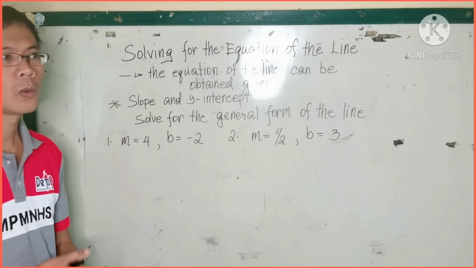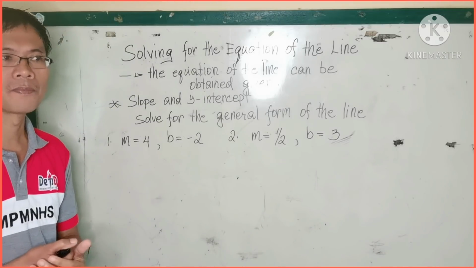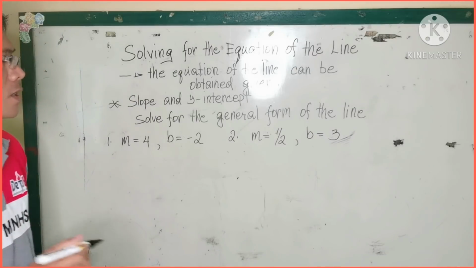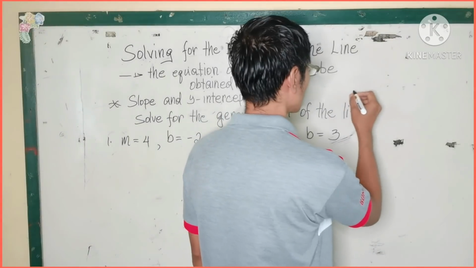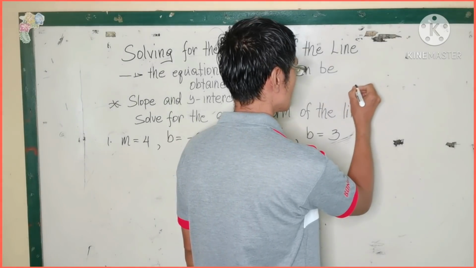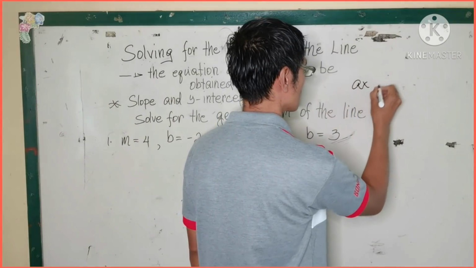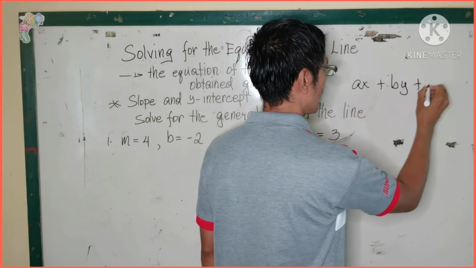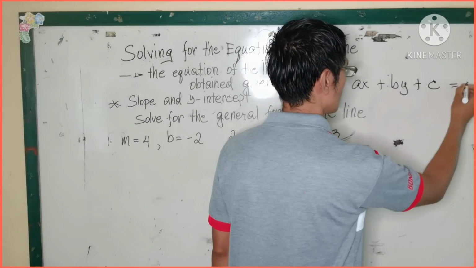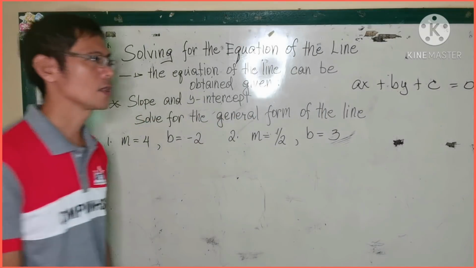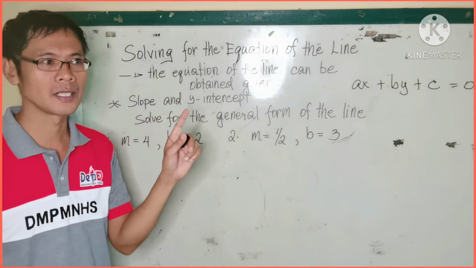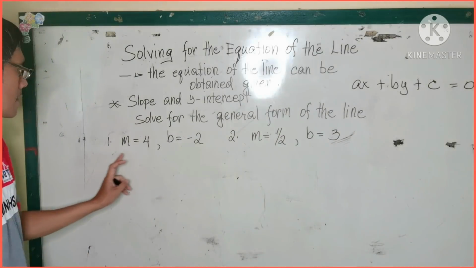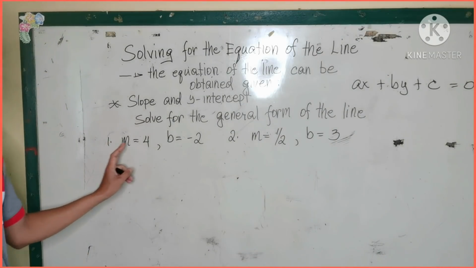If we remember, the general form of the line is ax plus by plus c equals 0. Let us try to consider example number 1.